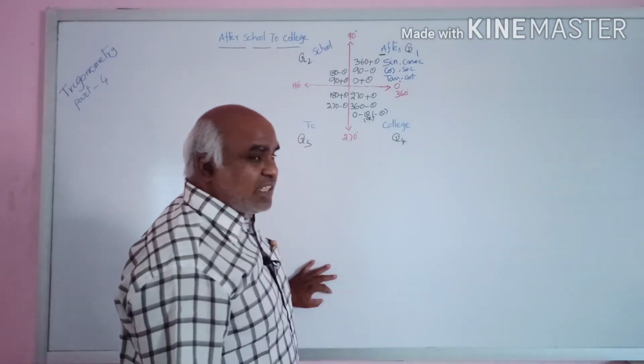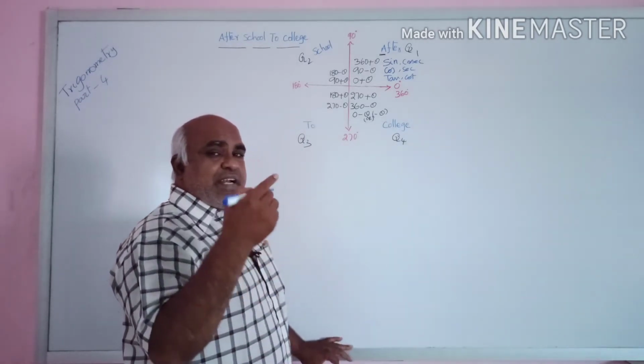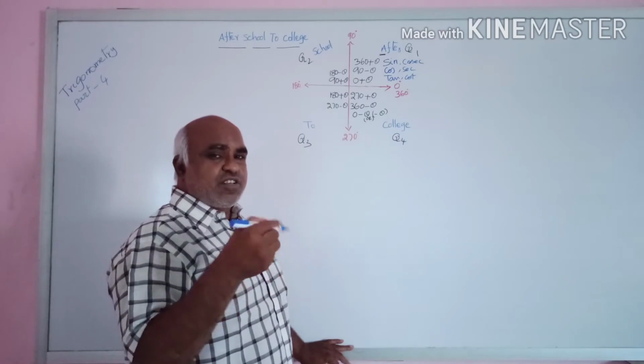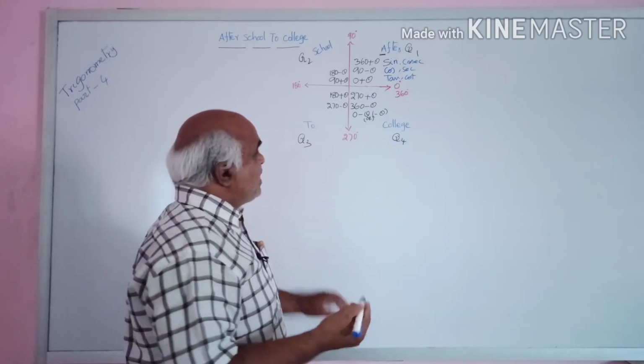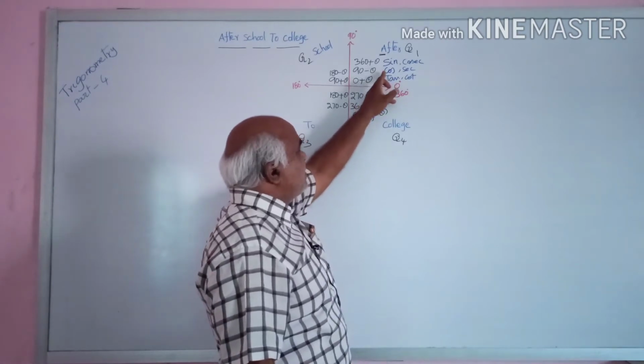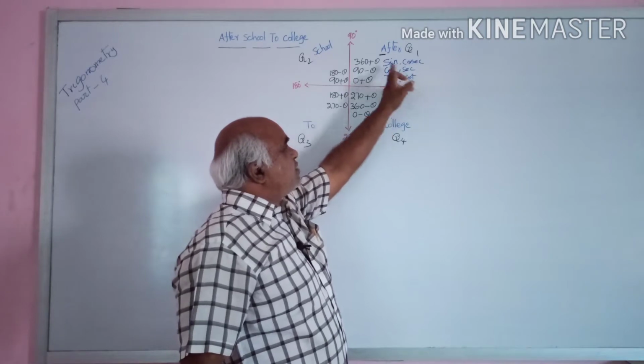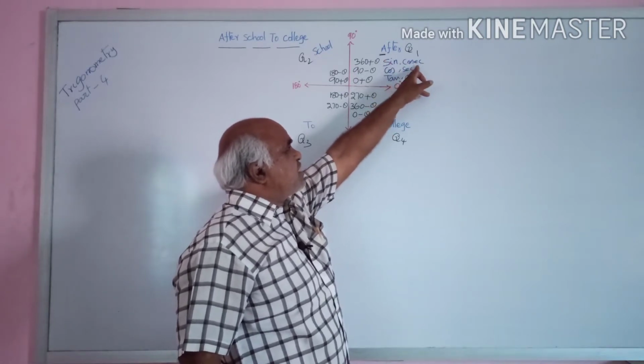Come to the school. What is the first letter in school? S. S means the trigonometric ratio which starts with S. Here, these are the three trigonometric ratios: sine, cos, tan. For sine, cosecant is the reciprocal.